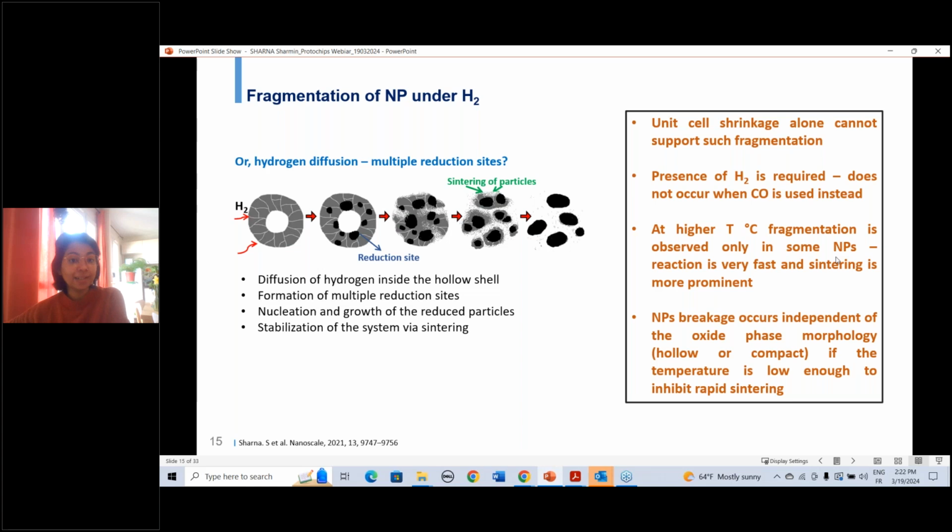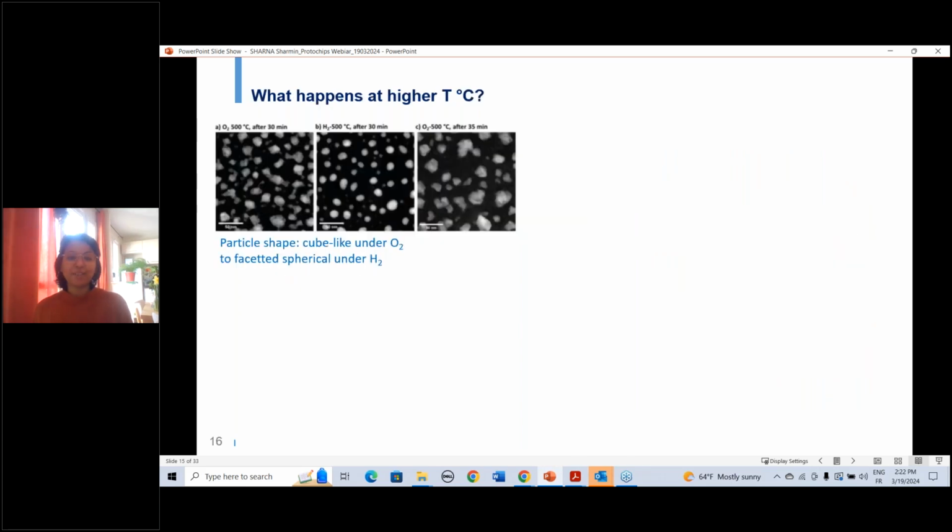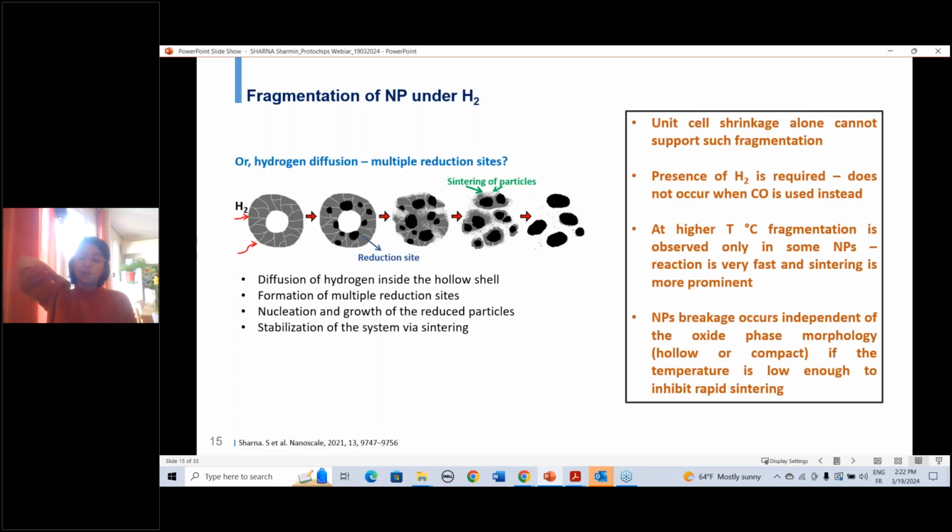We will see this fragmentation if the temperature is low enough to inhibit the eventual sintering. This is quite interesting because this has also been observed for other systems, for example, for cobalt or nickel, and often utilized as a form to regenerate catalyst when you eventually have bigger nanoparticles, which you don't want because it reduces your catalytic properties.